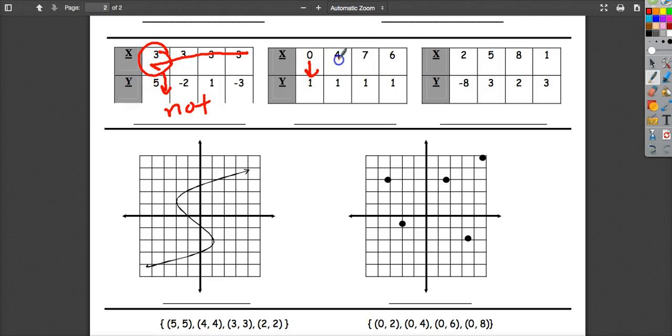And just because their output is the same is okay. That's fine, because these are all different inputs, so they still only have a single output. Here, same thing. 2, 5, 8, 1. They're all different. They all have a single output.